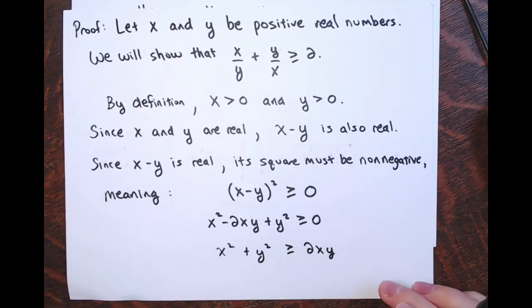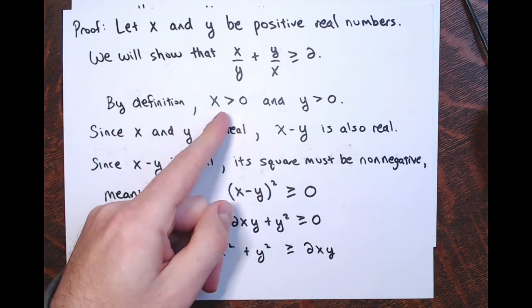Now the next part is going to involve some reasoning. I'll do this one step at a time. Next, I'm going to divide by x, which will not change the inequality, because x is positive.